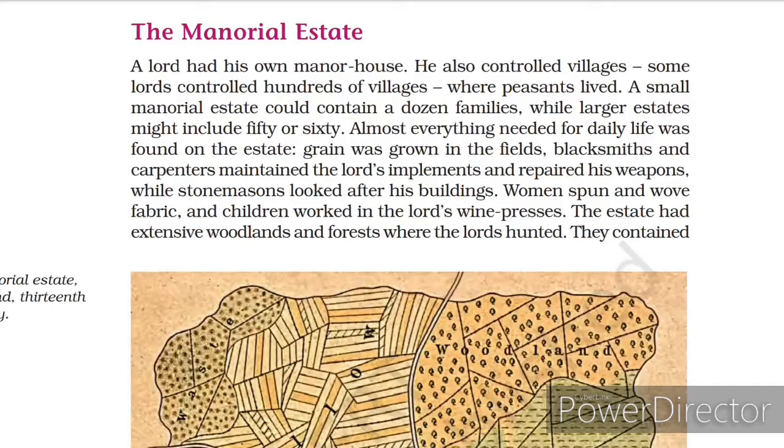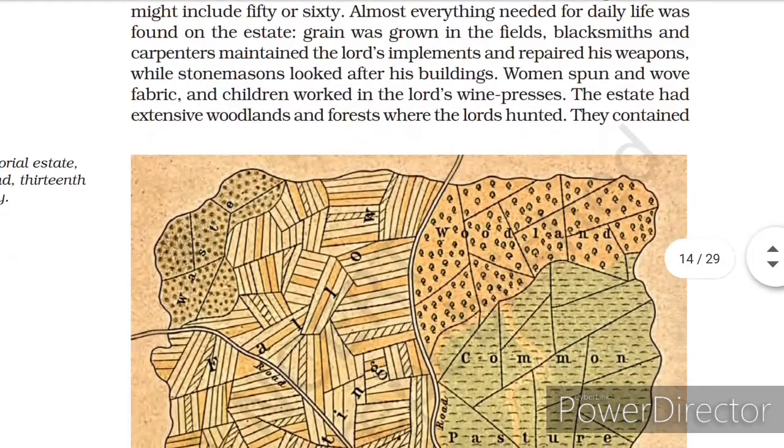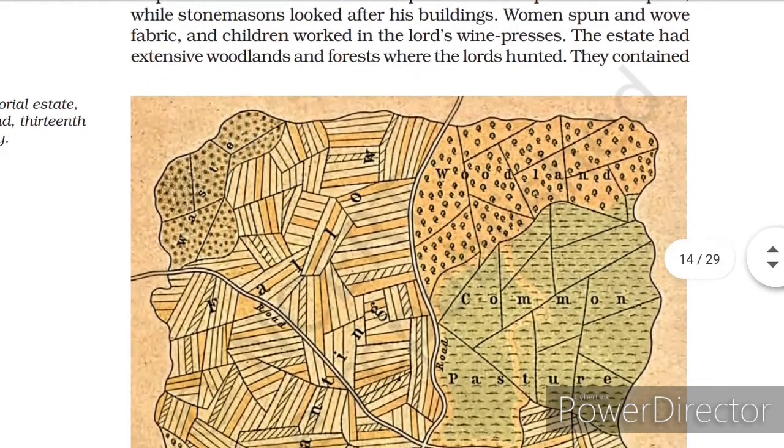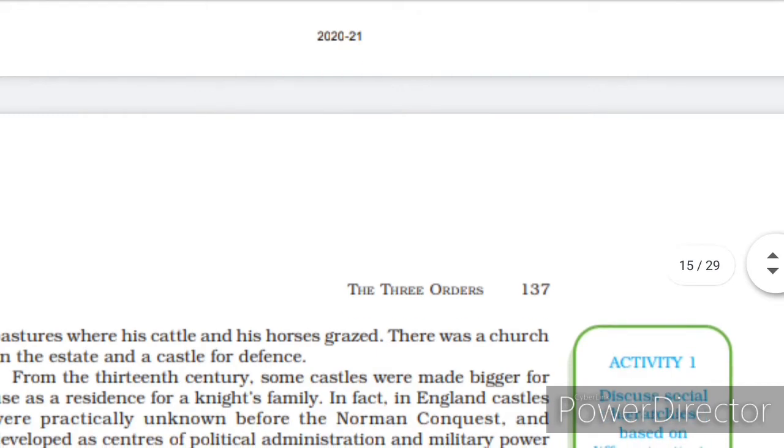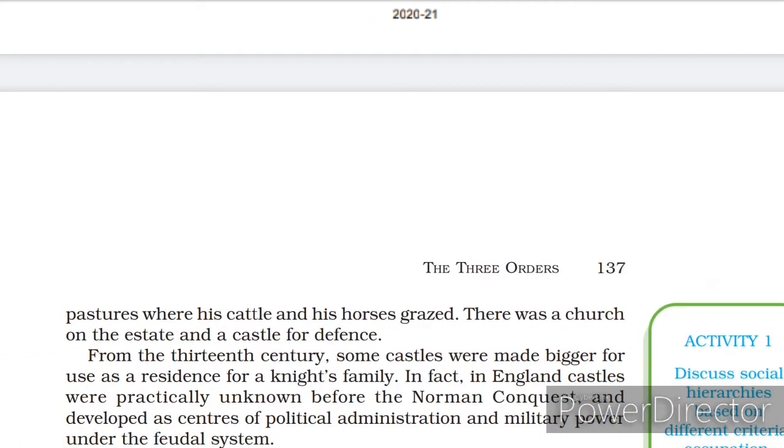The estate had a very big area, and because of that it had woodlands also. Woodland means forest, extensive woodlands, and these forests were areas where the lords used to go hunting. They also contained almost everything needed for the animals, like pastures.